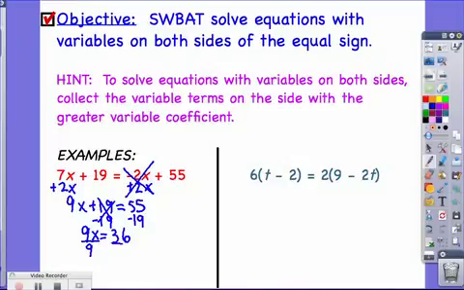In our second example, we have t's on both sides of the equal sign. We also have to use distributive property in order to get rid of the parentheses. So I begin by distributing 6 to t and to negative 2. 6t minus 12 equals, and on the right side I'm distributing 2 to 9 and to negative 2t. So 18 minus 4t.